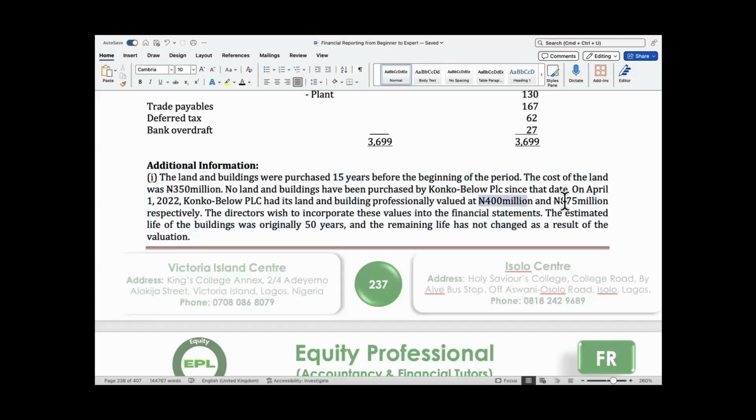So the new revalued amounts are these. And the building has a 50 years useful life, and they bought it 15 years ago. So that means the remaining life should be around 35 years, which hasn't changed as a result of the valuation.